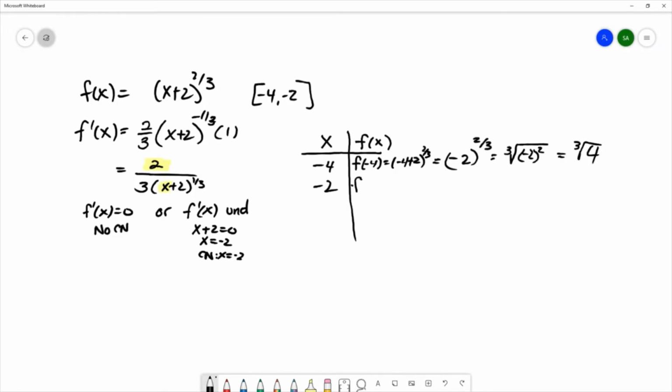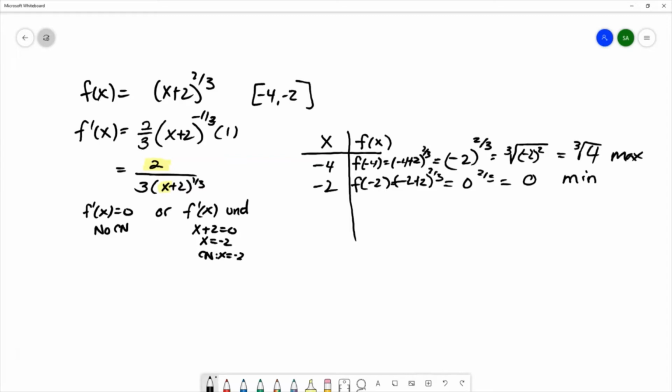And then we'll do f of -2. That's (-2 + 2) to the 2/3 power. That's 0 to the 2/3 power, which is 0. And so you can see that the highest will be the max and the lowest will be the min.